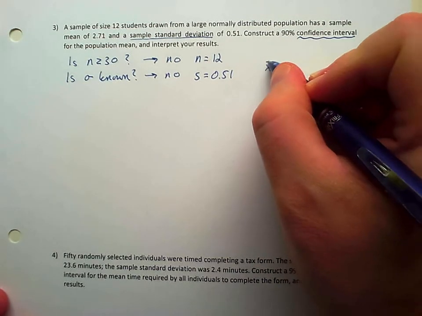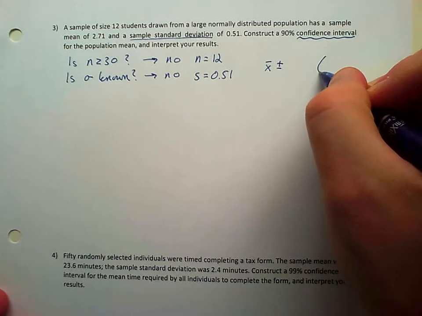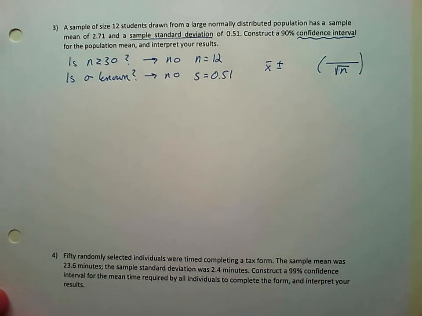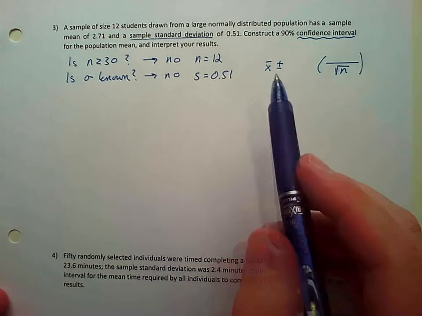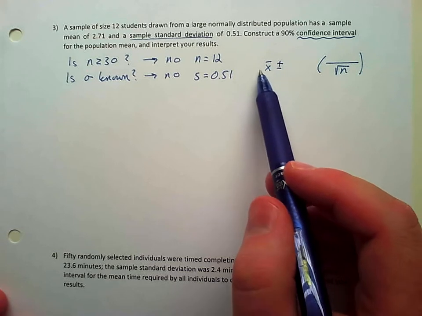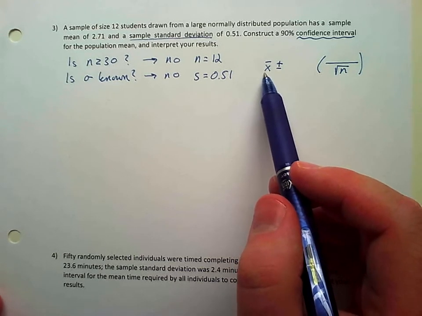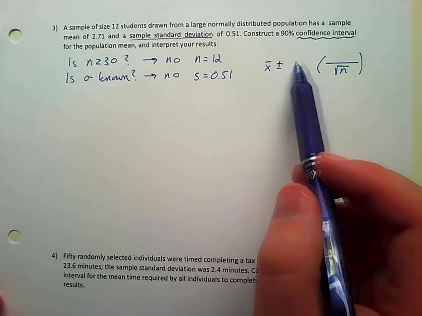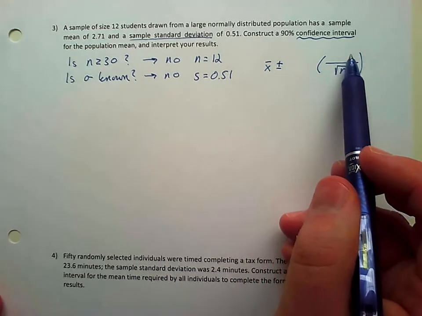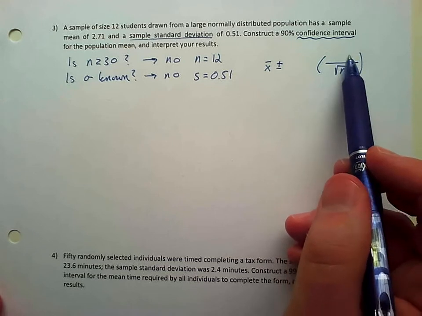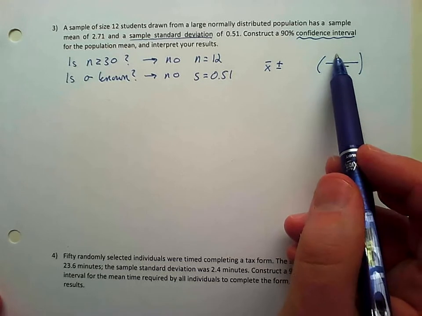We're trying to construct a confidence interval, and the bare bones of our confidence interval that we can always write is this, right? Because so far, our confidence intervals have always dealt with the mean. So therefore we have x bar plus or minus something times our standard deviation divided by the square root of n. We just need to figure out what we are using here.